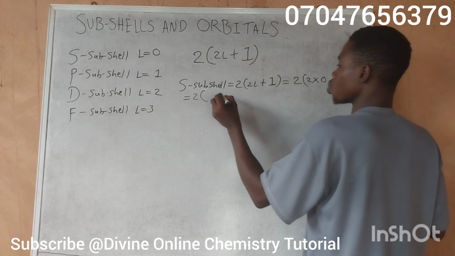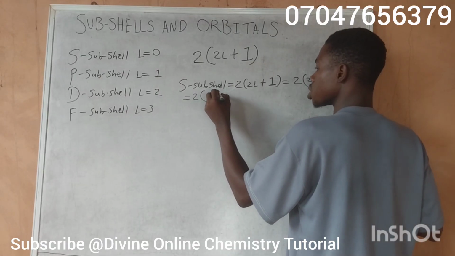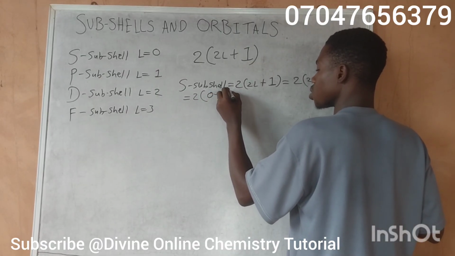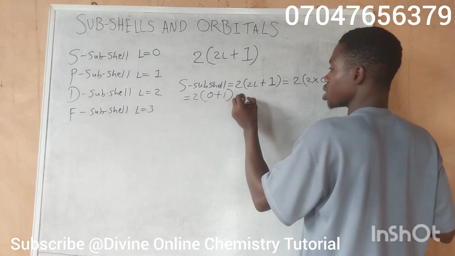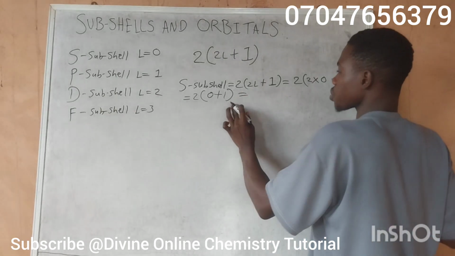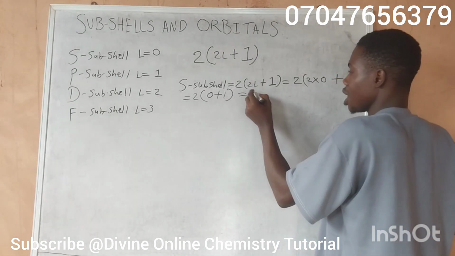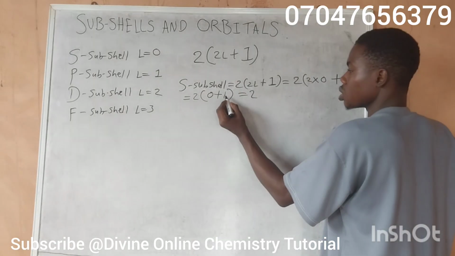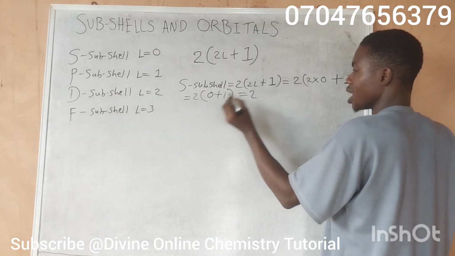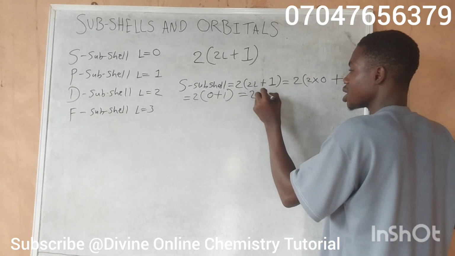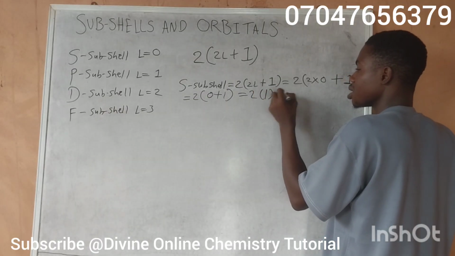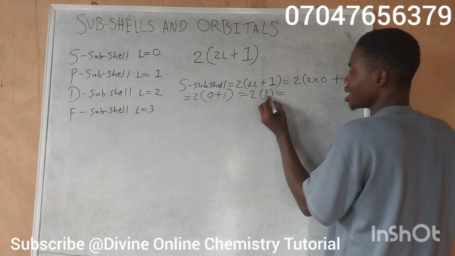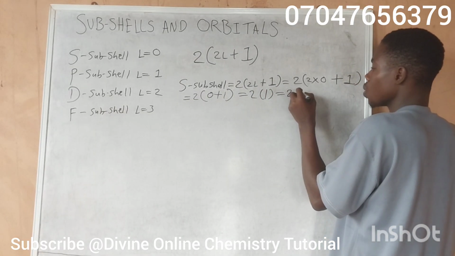Now 2 times 0 is 0, plus 1. So 0 plus 1 is 1, and the 1 is still in the bracket. Now the 2 outside times this 1 will give us 2 electrons.